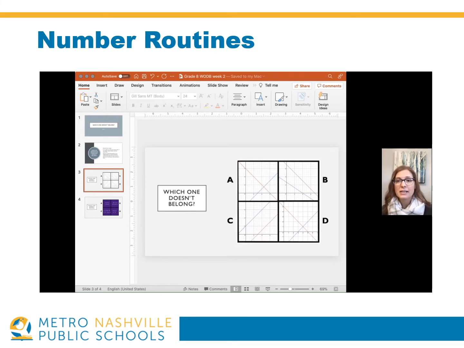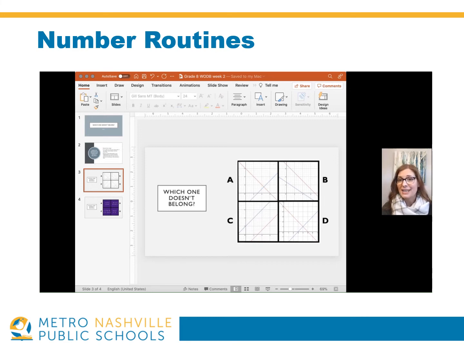Maybe they'd say D doesn't skip numbers, or D has odd numbers on it. In that case, you could just say, oh yeah, the scale on D is different than the scale on the others. Or ask what the numerical labels are called to see if they can come up with the word scale. It's a really flexible routine, so do what feels comfortable to you.